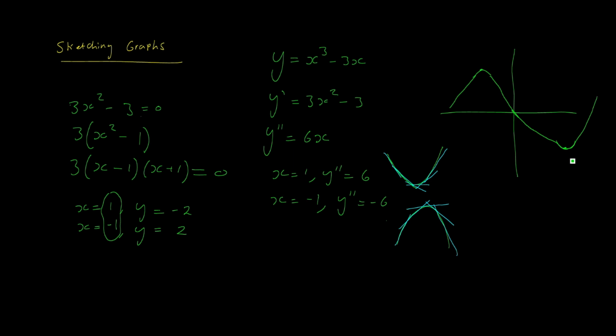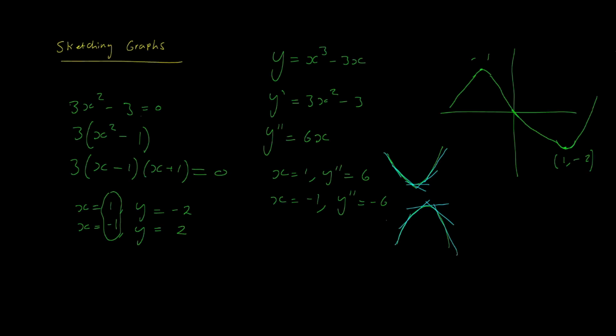And we can label the points. So this point here is 1, minus 2, and this point up here is minus 1, 2.